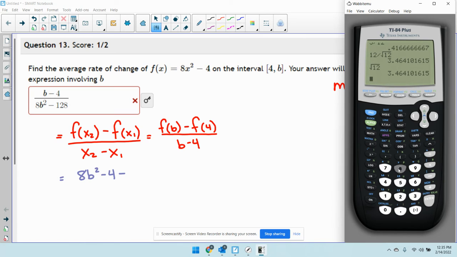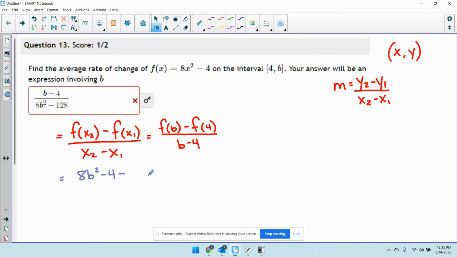So f of 4 is going to be 8 times 4 squared minus 4, 124. So this is minus 124 over b minus 4. So this is 8b squared minus 128 over b minus 4.